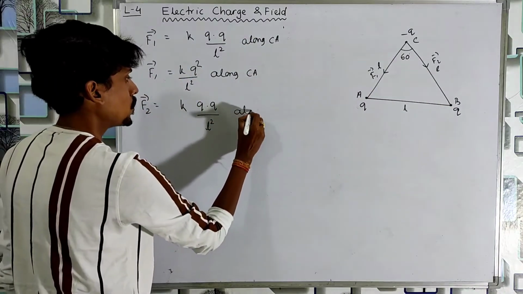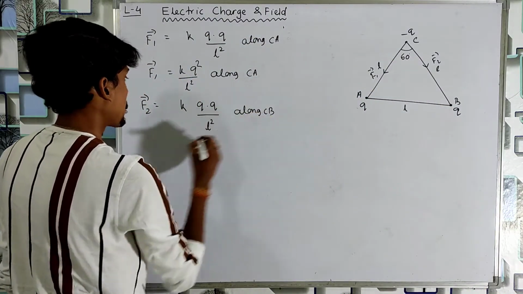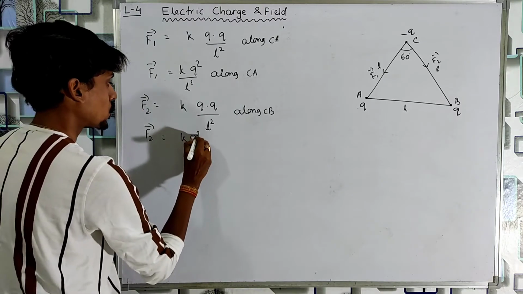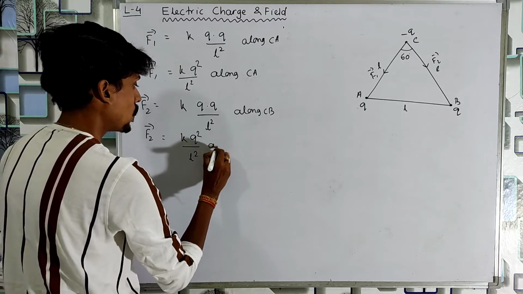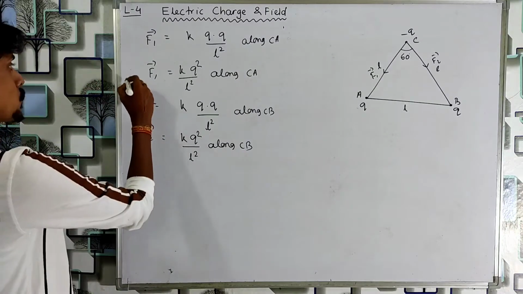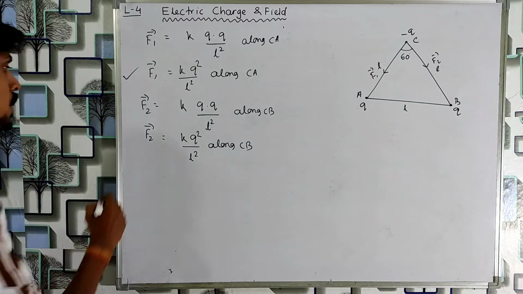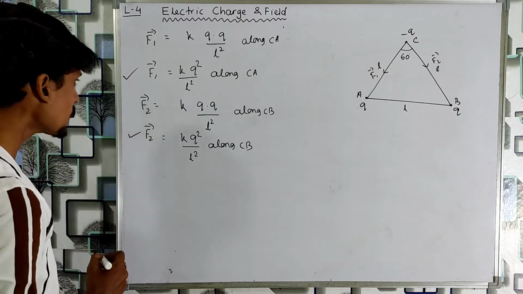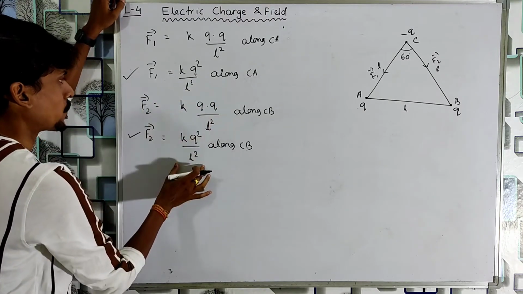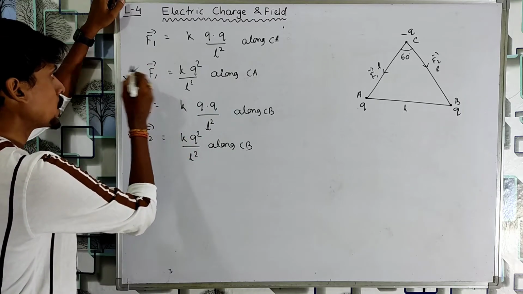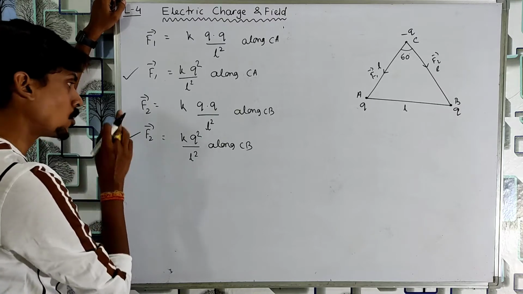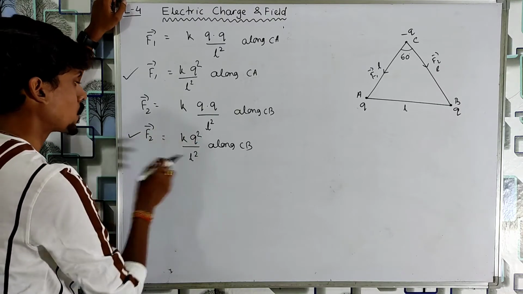The direction is along CB. So F2 vector is equal to K Q square by L square along CB. Is that clear? So this is the expression for F1 vector and this is the expression for F2 vector. And you can see that the magnitude of the two forces are same. The magnitude of F1 vector is K Q square by L square, and the magnitude of F2 vector is also the same, K Q square by L square.